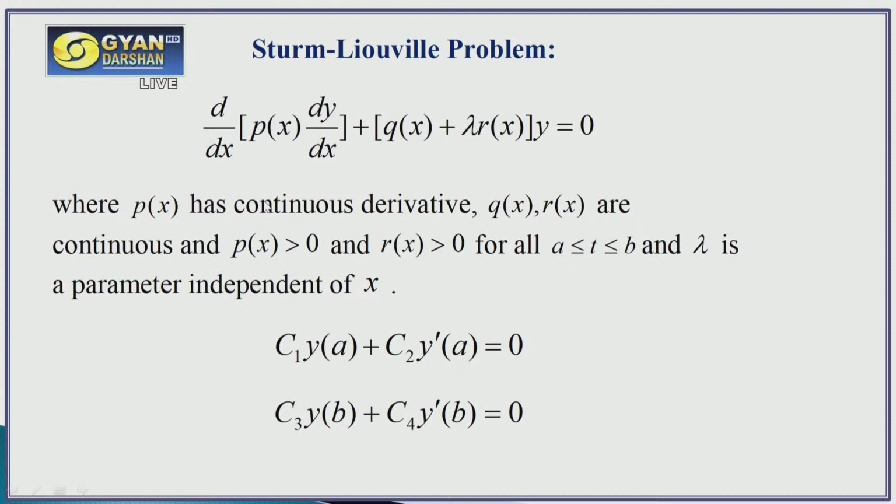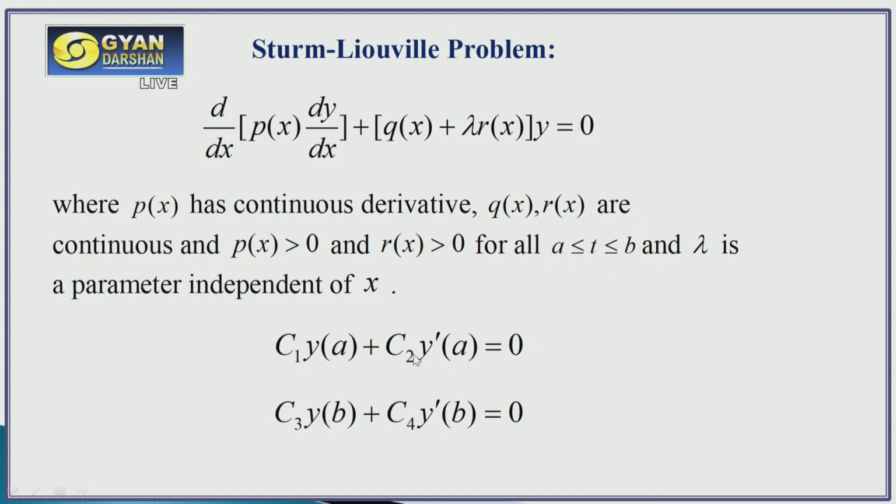And why is it called a boundary value problem? Because with this equation we have boundary conditions. We can see this is a mixed boundary condition. This equation is defined in the interval a less than or equal to t less than or equal to b, so in this interval, this problem is well defined.